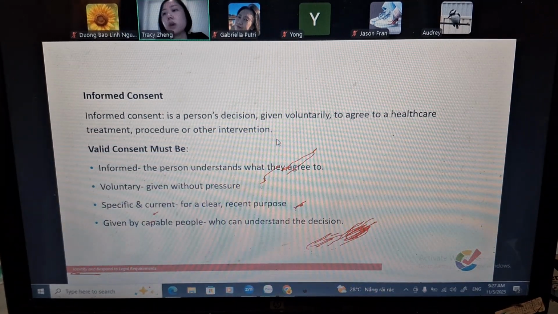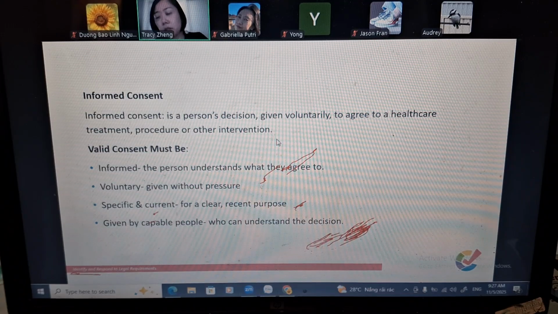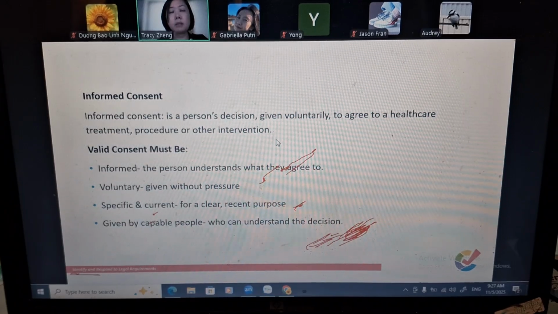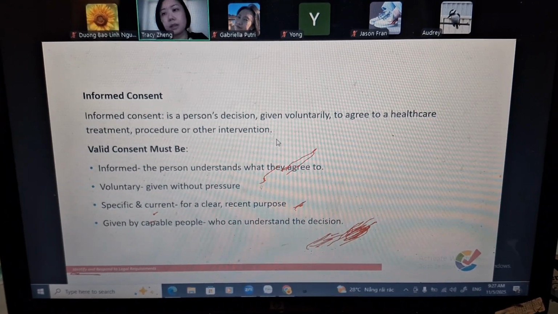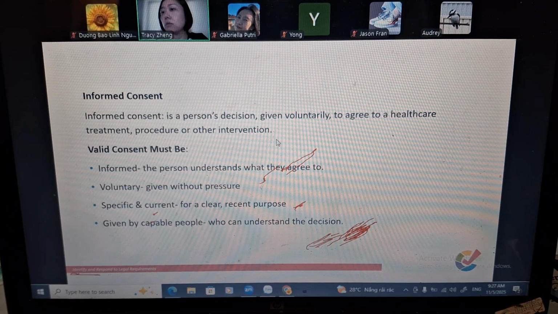The doctor has the responsibility to explain what this medication is used for, how long they need to take it, what the side effects could be, and what the benefits are. After our clients understand all of that, they can decide, okay, I would like to take this medication, or no, I don't want the side effects, I don't want to take it. That is informed consent. But we also probably use some uninformed consent as well.